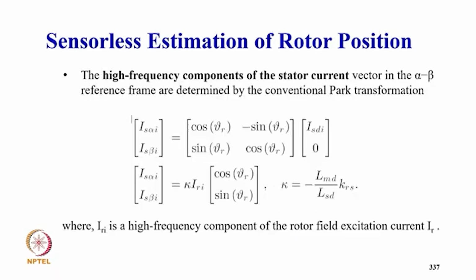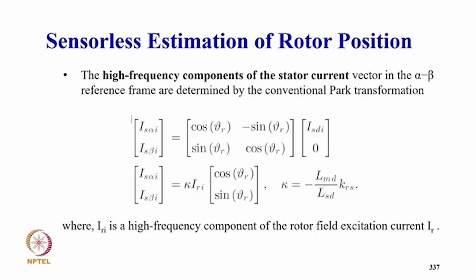The high frequency components of the stator current vector in the alpha beta reference frame are determined by the conventional Park transformation. So IS alpha, IS beta equal cos theta r, minus sin theta r, and sin theta r, cos theta r, into ISD and 0.